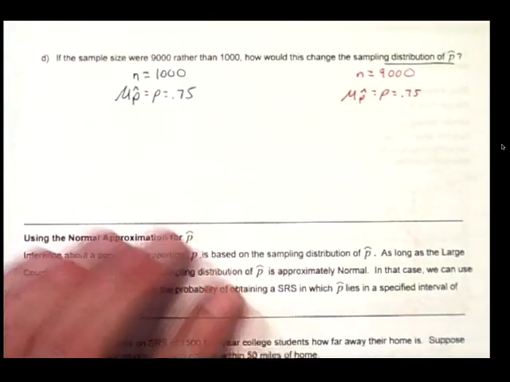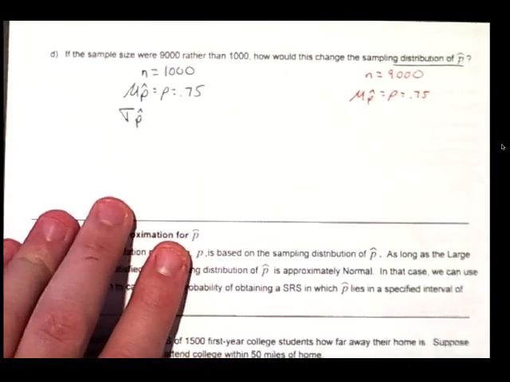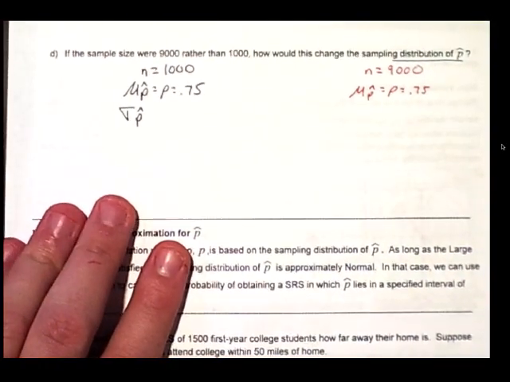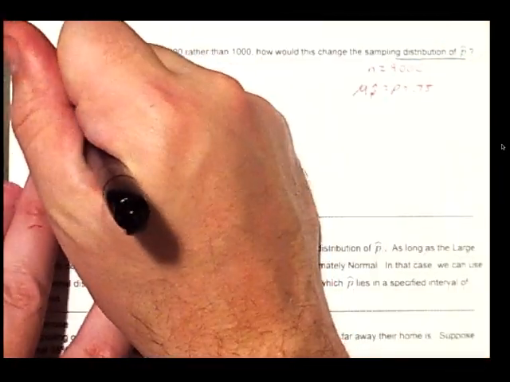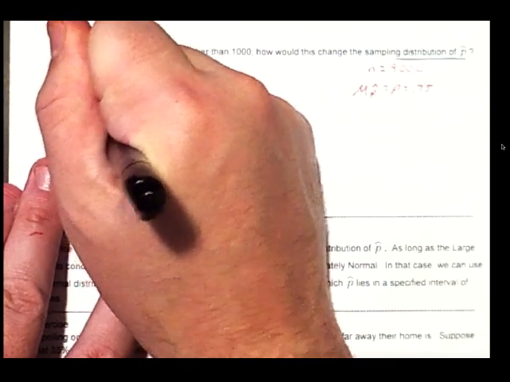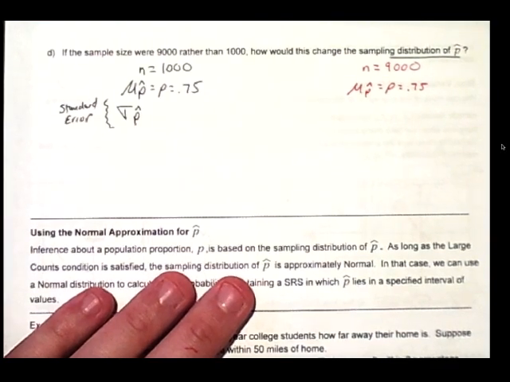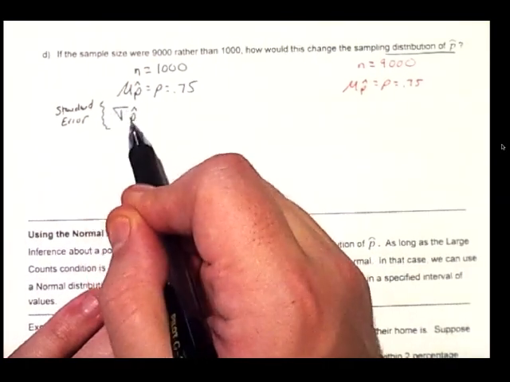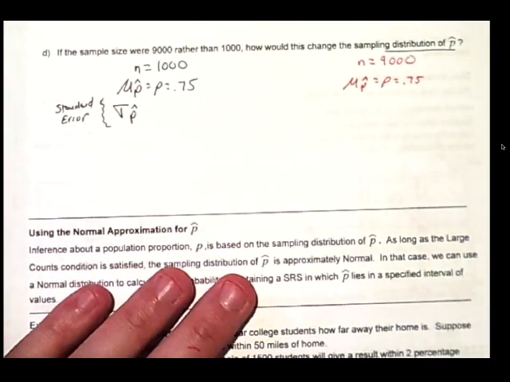The true proportion is still 0.75. What would change, however, is the spread of the sampling distribution. We have some common nomenclature for it. Some people refer to this as the standard error instead of standard deviation, because it's the standard deviation of a sampling distribution. So a quick way to call it what it is: standard error.